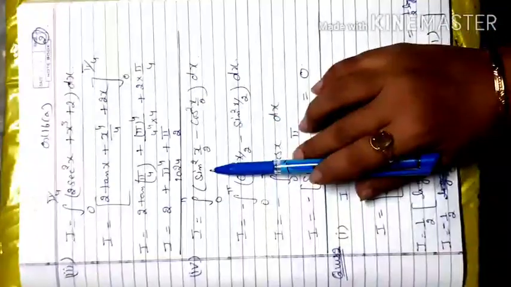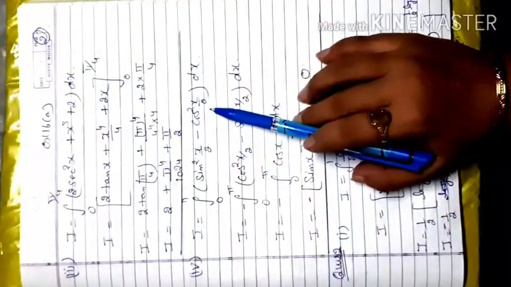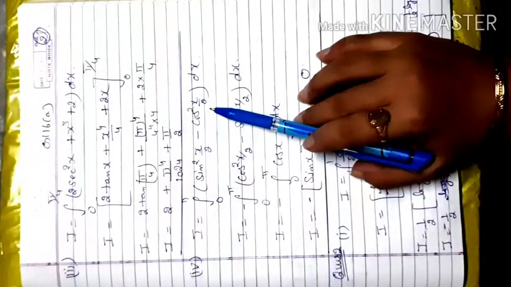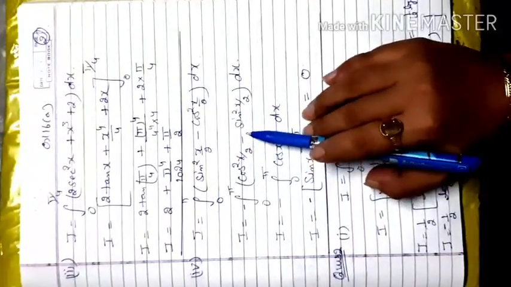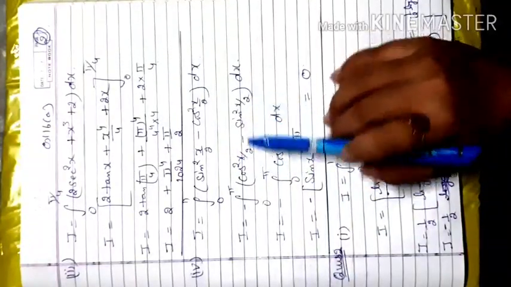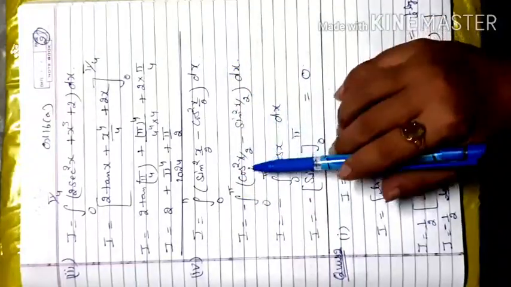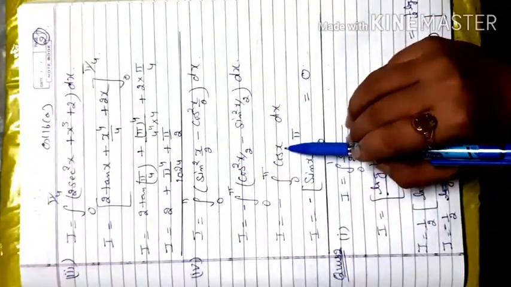Now here sin square x by 2 minus cos square x by 2. We have the formula cos 2x is cos square x minus sin square x, and first we convert it into the half angle formula, that is cos square x by 2 minus sin square x by 2. Take the negative sign outside. So this is the half angle formula of cos 2x, so that is cos x.